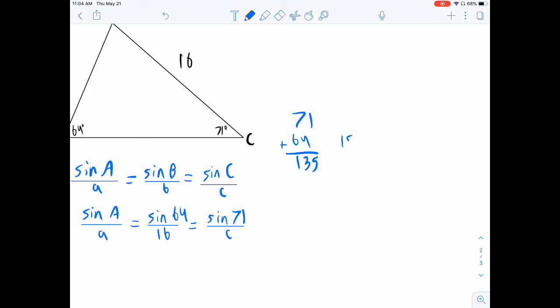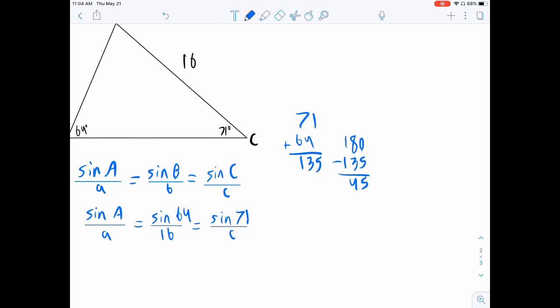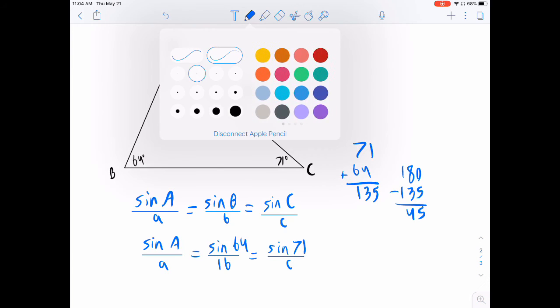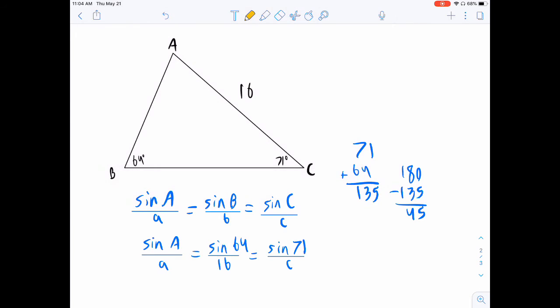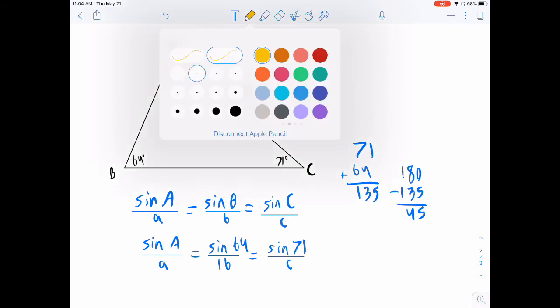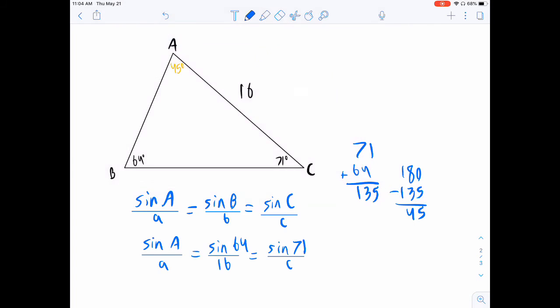And now you subtract that from 180, and you get 45. So this angle up top is equal to 45 degrees. Angle A is equal to 45 degrees.